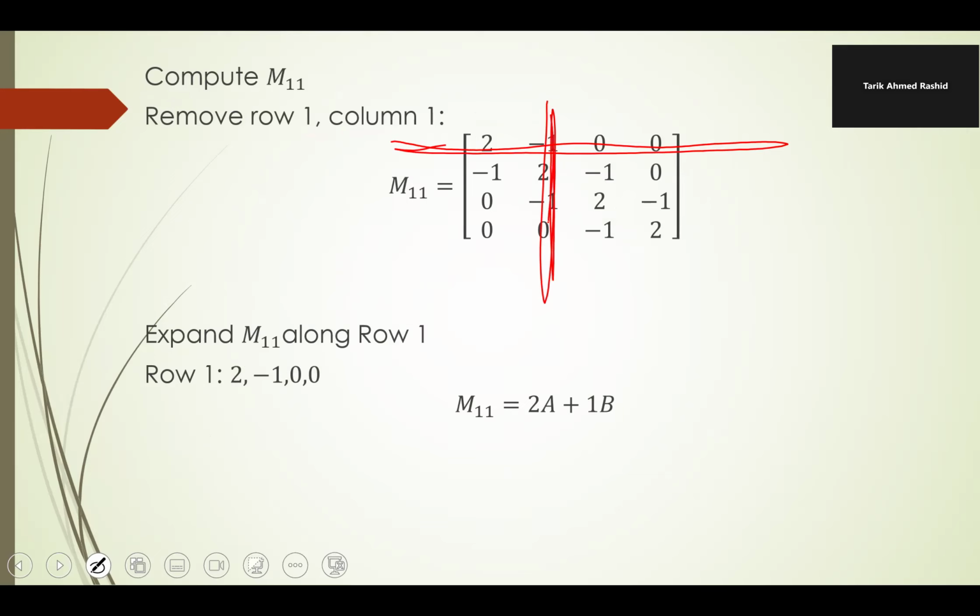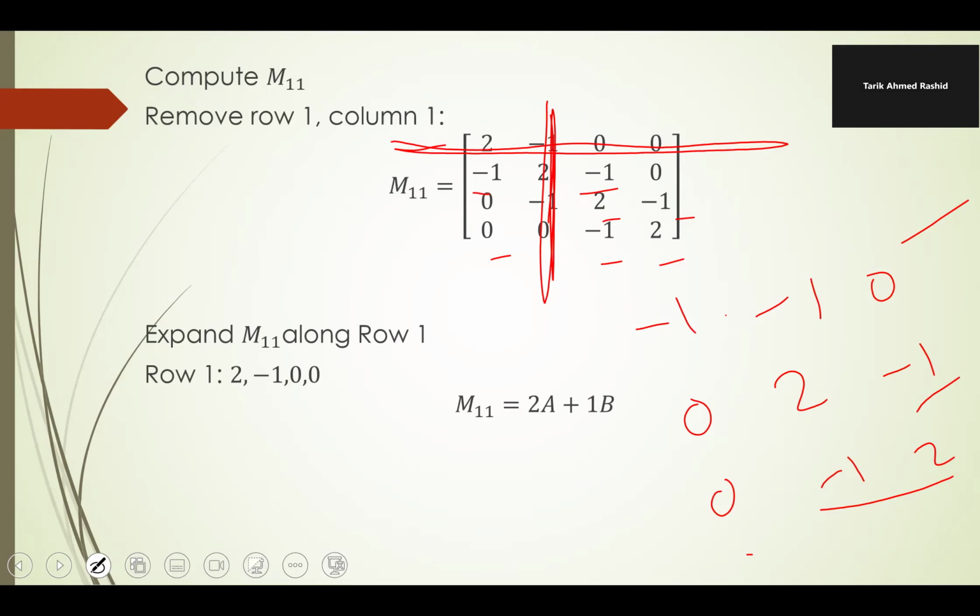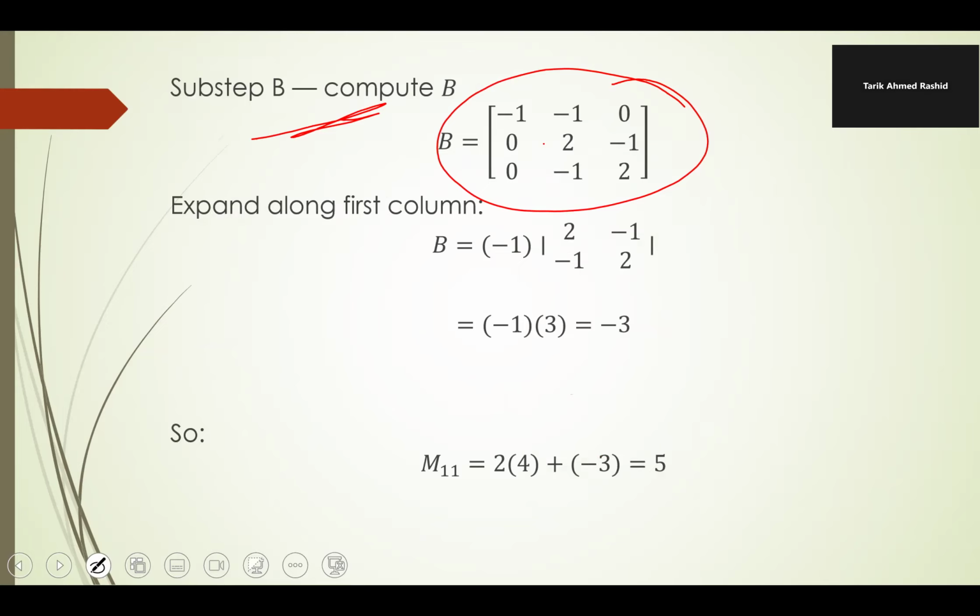So what's left is minus 1, minus 1, 0, that's the first row. 0, 2, minus 1, that's the second row. And the third row, 0, minus 1, 2. So this one is ignored, this one is ignored. And that's how we got the B.